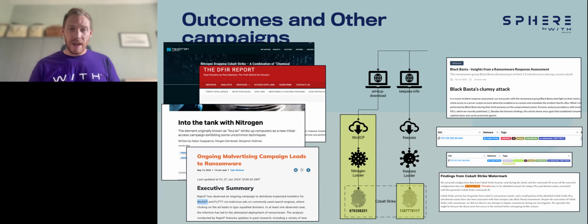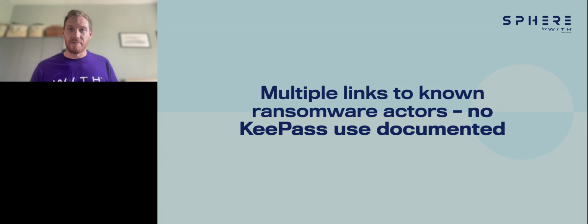We can see that the key pass and key loader has not been documented anywhere, but the beacon has, and it's been historically linked to actors associated with Blackbuster ransomware. Blackbuster was a ransomware family that we think is now defunct. At the moment of recording, of course, the actors are still active, but ransomware brands are pretty variable.